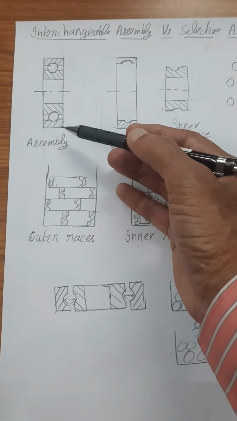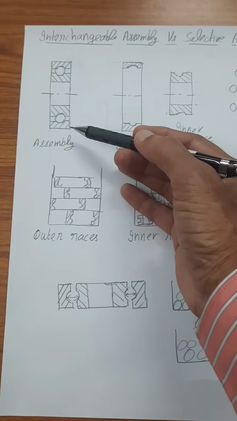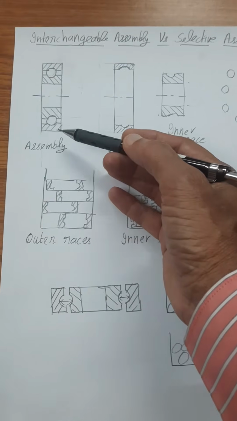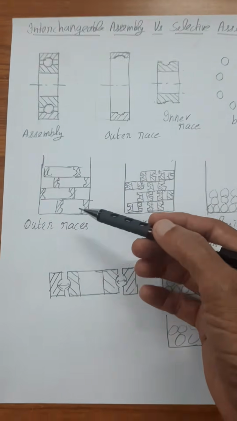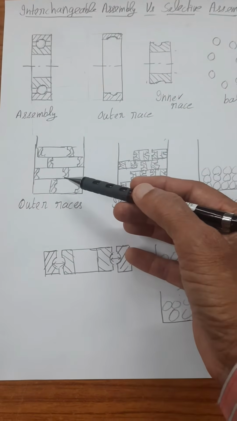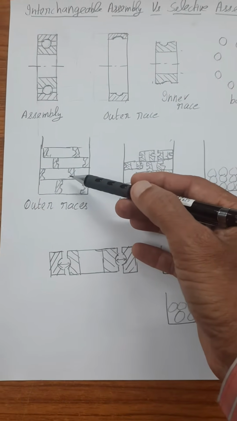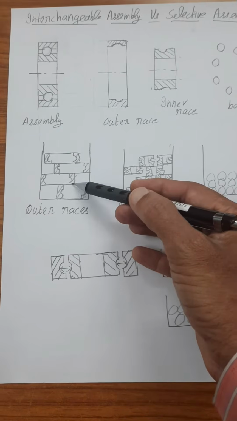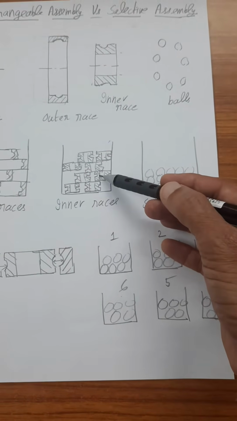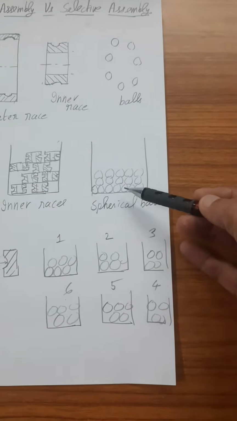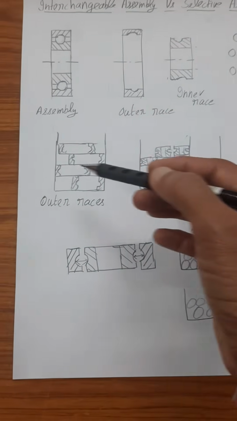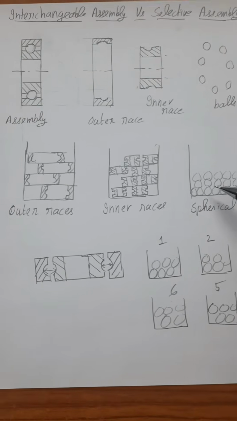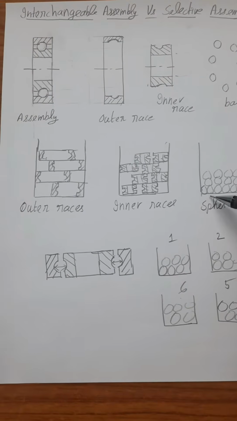When this ball bearing assembly is manufactured with complete interchangeable parts, then we have to manufacture outer races in required number, inner races in required number, and balls in required number. Then we have to assemble all three to get the required ball bearing assembly.